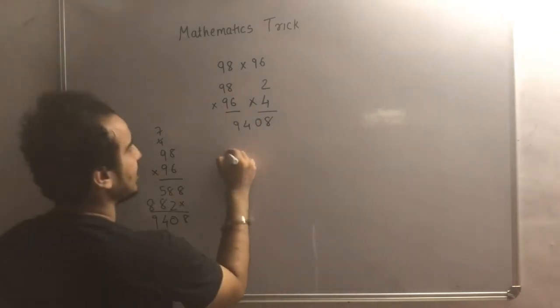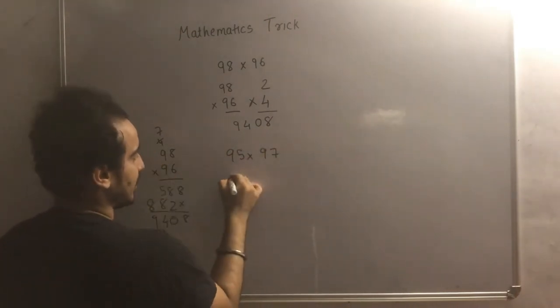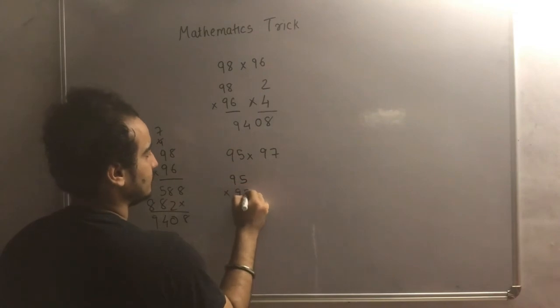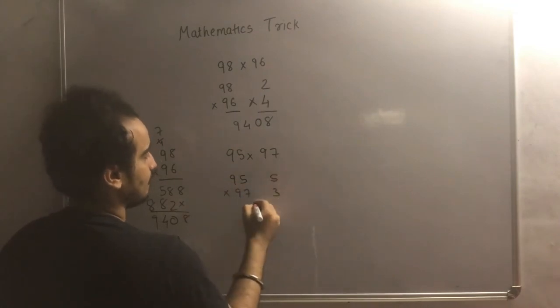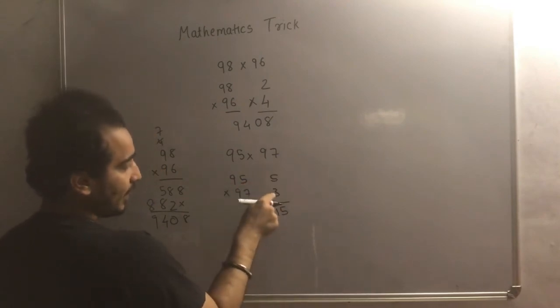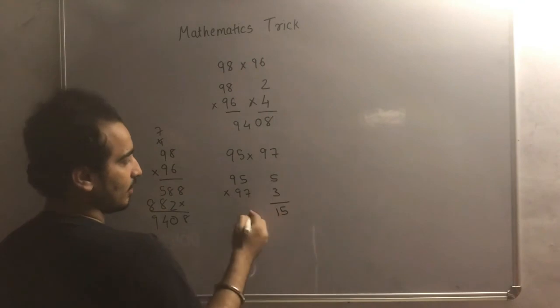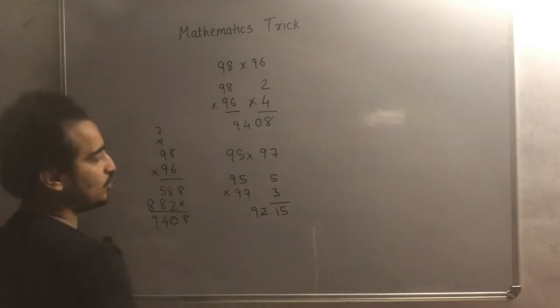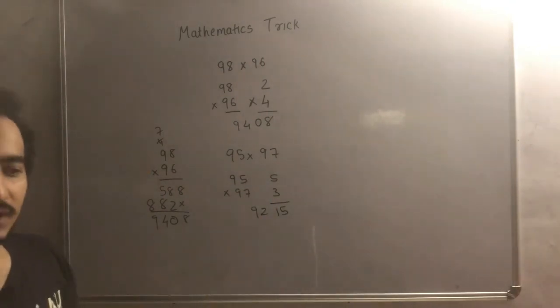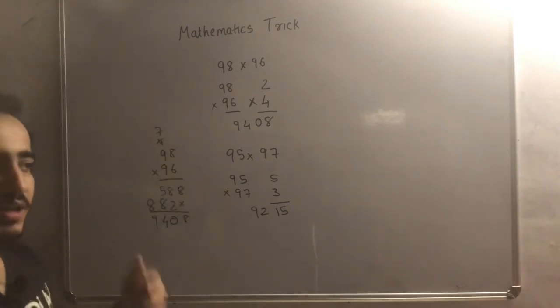For example, 95 into 97. 5 and 3. 5 3s are 15. 95 minus 3 or 97 minus 5, both give you 92. So the answer is 9215. You can do it very quickly without complicated multiplication.